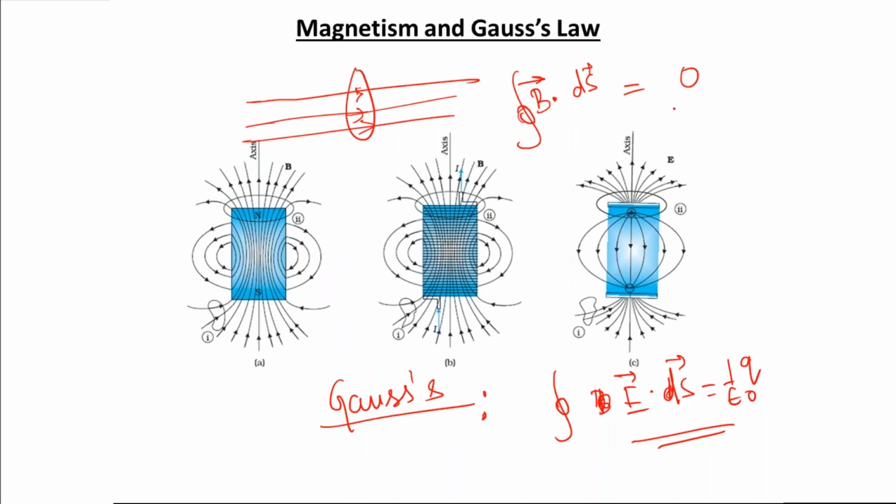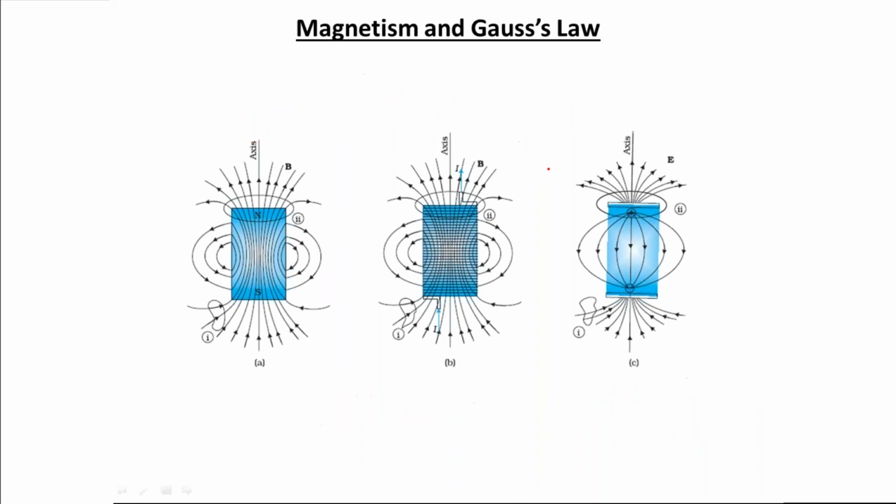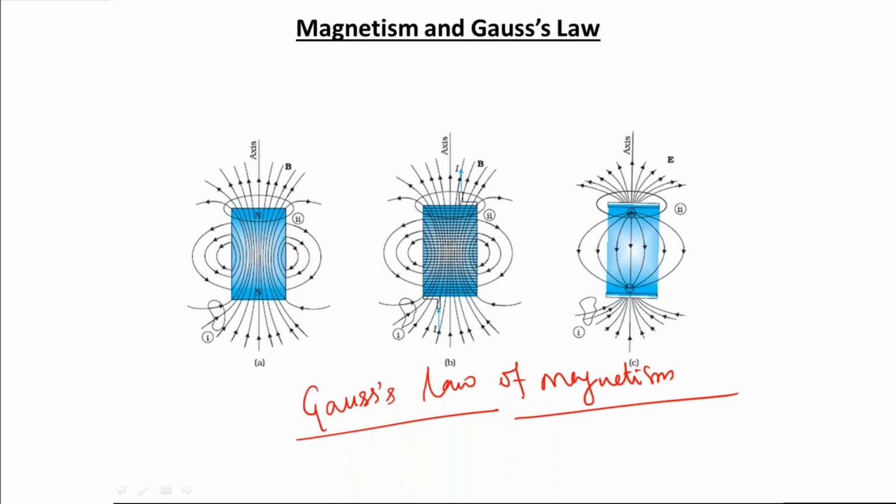So what does this say? Gauss's law in magnetism says that the closed surface integral of the magnetic field is equal to 0.